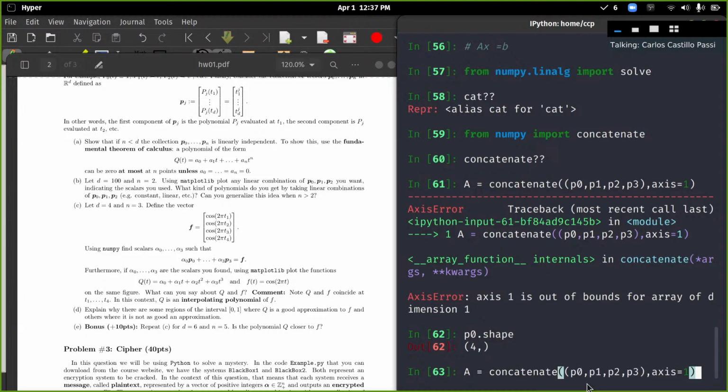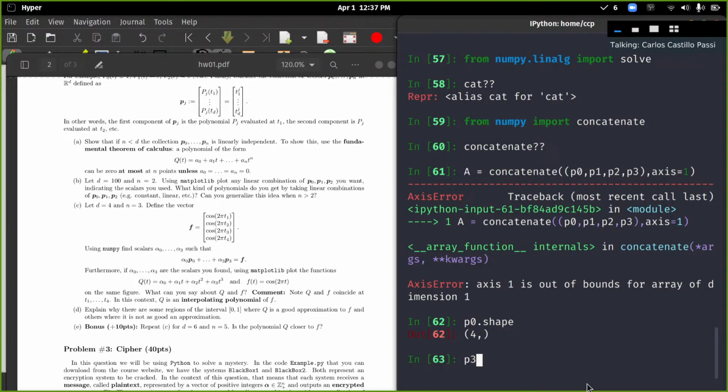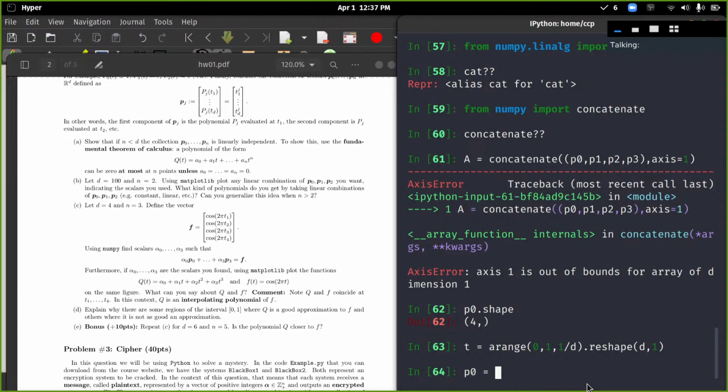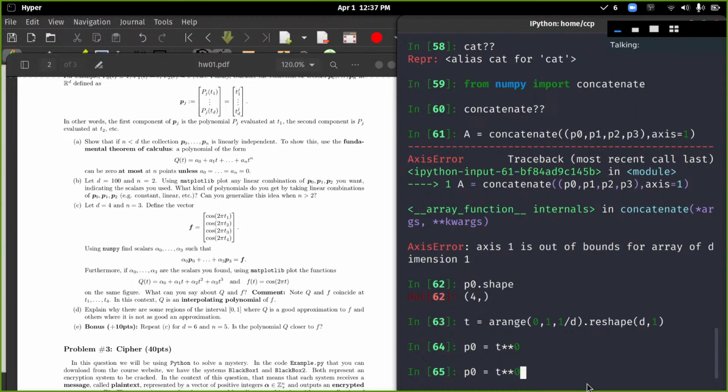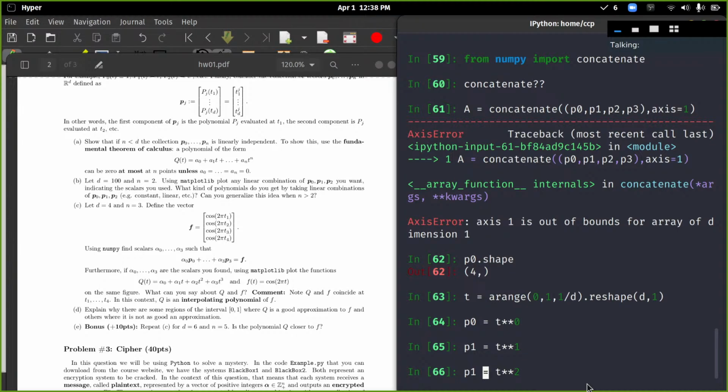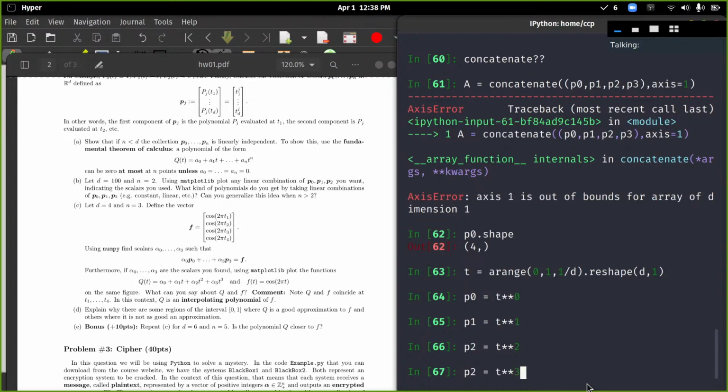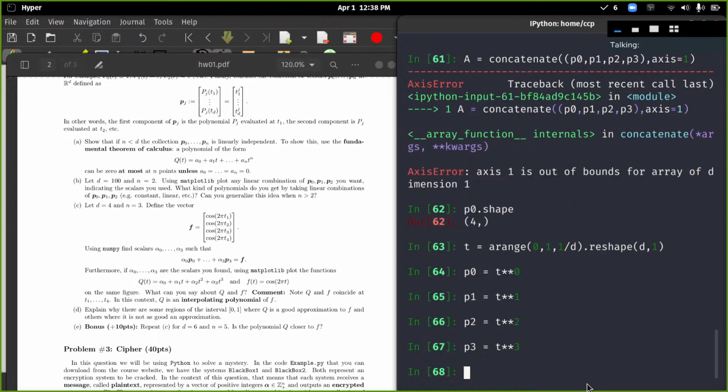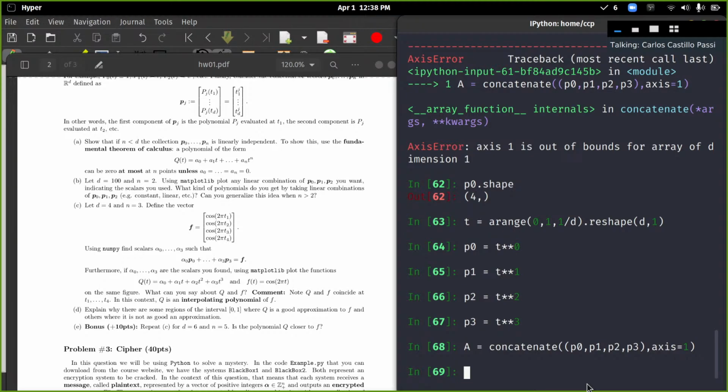Maybe what we need to do is, when we define T, we need to do a reshape of size D, comma 1, and then define everything like that. Then the concatenate function should work. Yes.